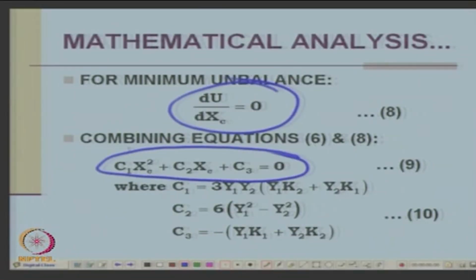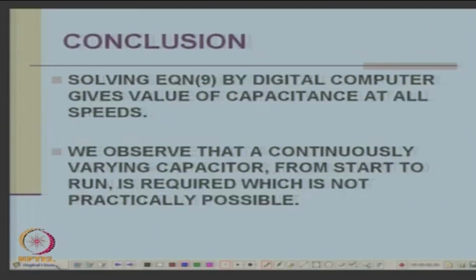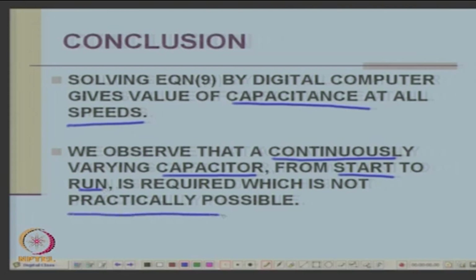Okay. Therefore, we have to solve an equation, right, and then find these constants, okay, and in solving this we find the value of capacitance at different speeds. So, what you require is a continuously varying capacitor. At start you require one capacitor, at run you require another capacitor, okay, right.